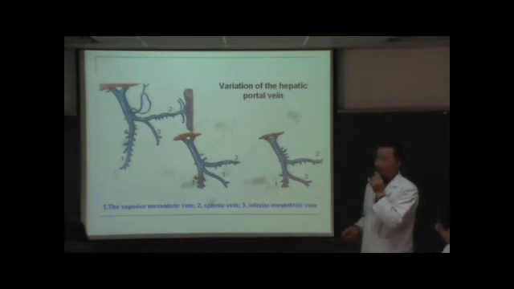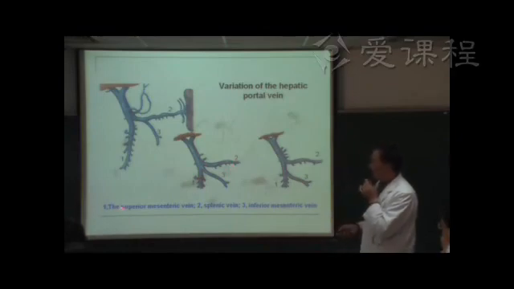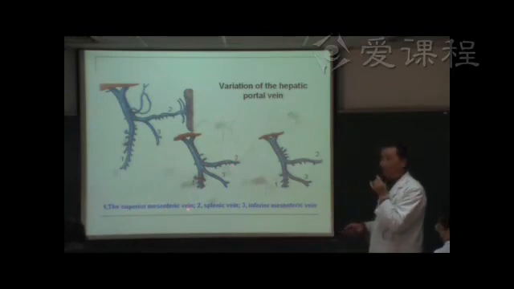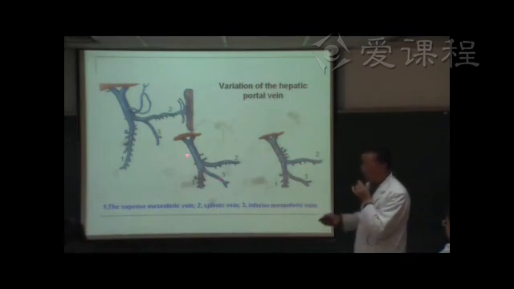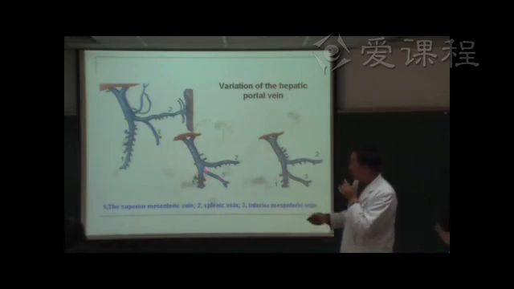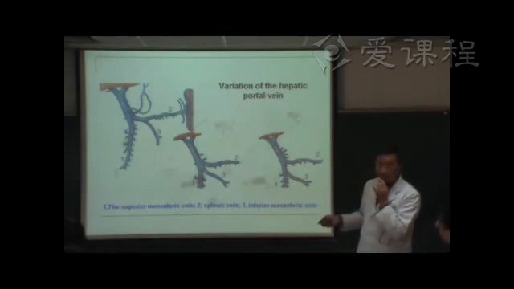And in some other cases, the superior mesenteric vein, the splenic vein, and the inferior mesenteric vein, three together form the hepatic portal vein. This is one case.